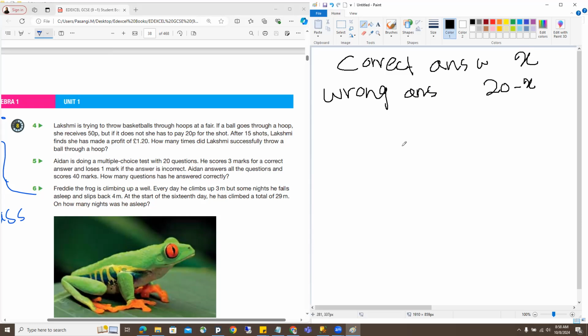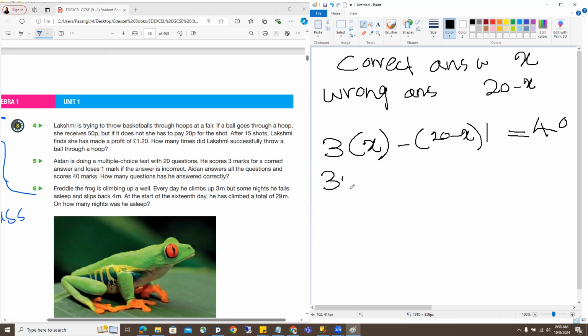For each correct answer he gets 3 marks, so 3 times x minus (20 minus x) times 1 is equal to the total mark, 40.